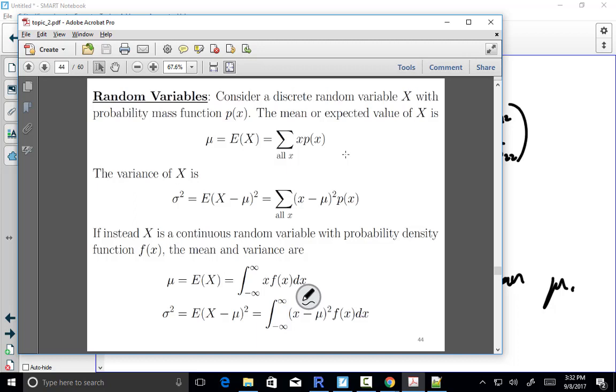If every possibility was equally likely, then that expression would be the straight average. Add up all the possible values, divide by the number of possible values. But it's defined more generally to allow for differing levels of likelihood of seeing the different x values. So an expected value is kind of like a weighted average of the possible values, where you're weighting with the probabilities.